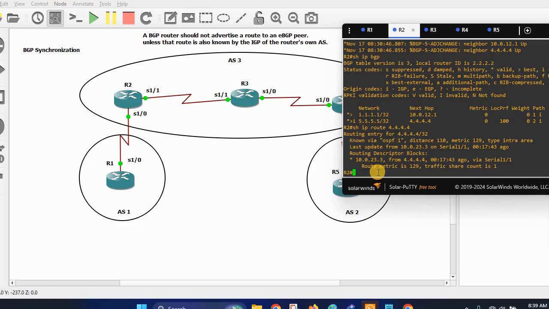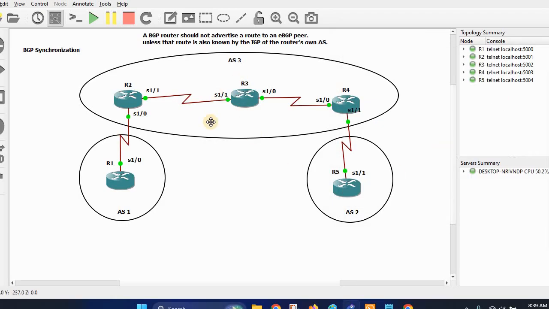So there are two steps for this configuration. If R3 knows about the 5 network and the 1 network, then R1 and R5 will be able to reach each other.